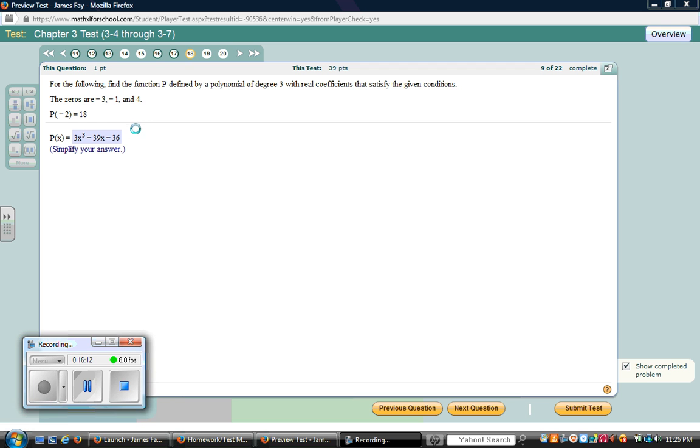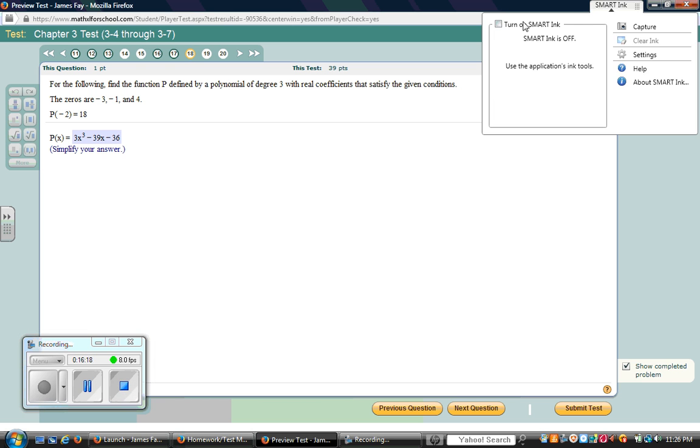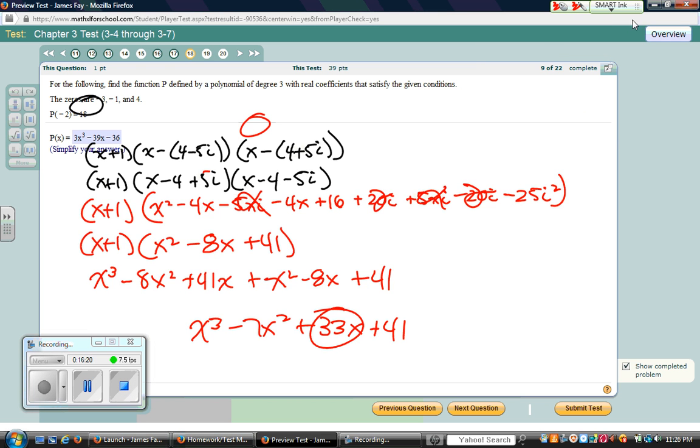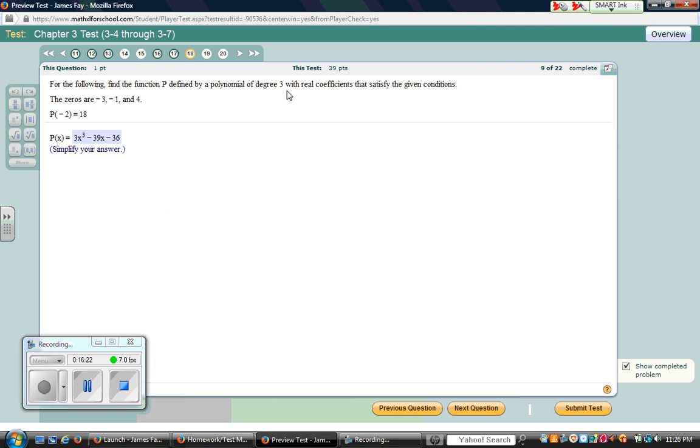Okay, this is pretty much the same type of question. We have my zeros here, so the factors that create them. We're going to have x minus negative 3, so x plus 3, x plus 1, and x minus 4. That's p of x. But there's an infinite number of cubic functions that go through those 3 points, so I need the specific one.